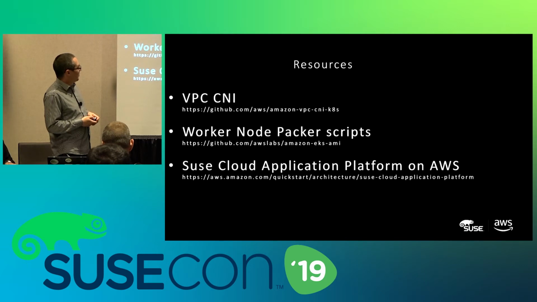So as I mentioned, all of these projects are open source. I think the slides are going to be shared, so you can take photos or wait for the slides to come out. We've got the CNI, the worker node Packer scripts, and the cloud application platform quick start.